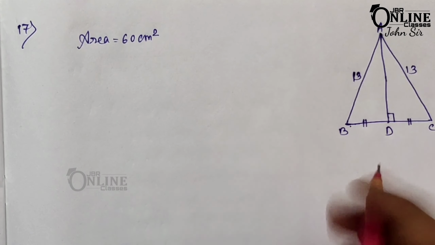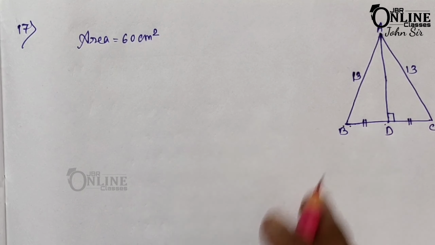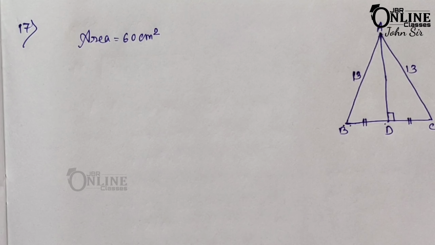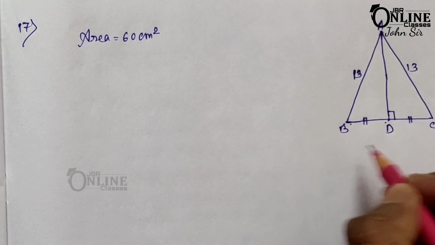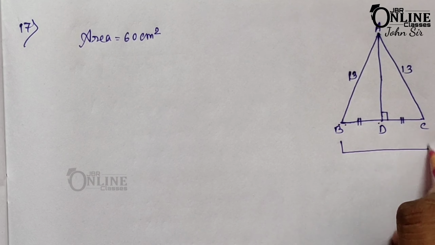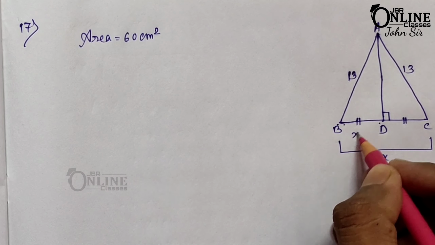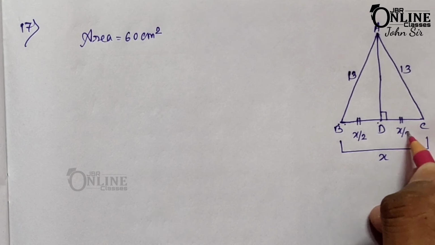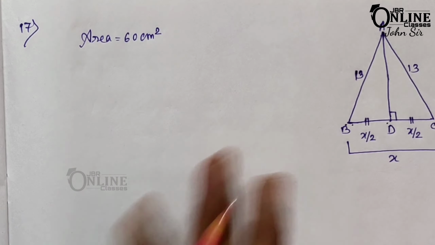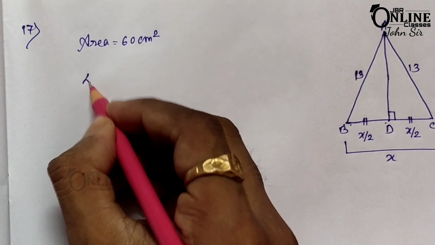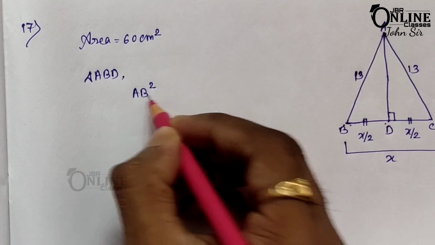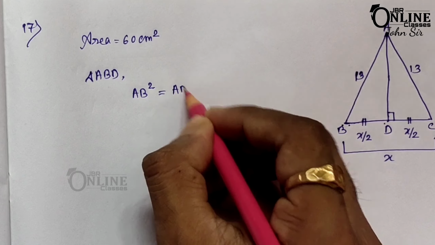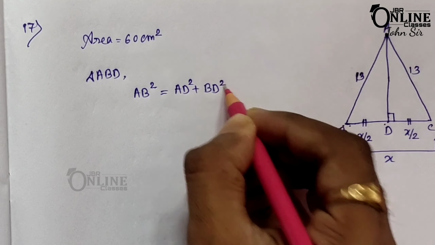Clear? Now ABD is a right angle triangle. So that means if BC equal to x, let here BC equal to x, then BD equal to x by 2 and DC equal to also x by 2. Clear? So in the right angle triangle ABD, here AB square, that means hypotenuse square, equal to AD square plus BD square.